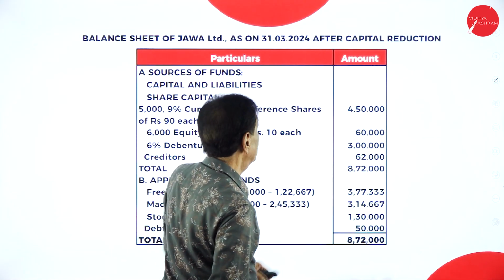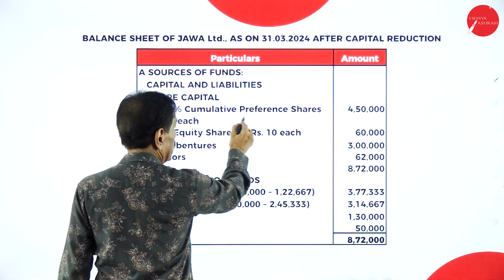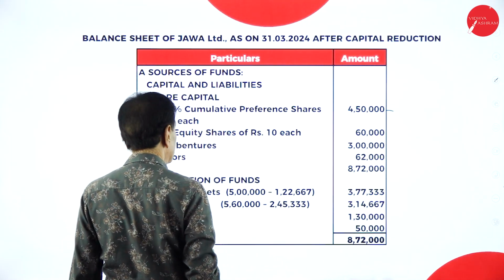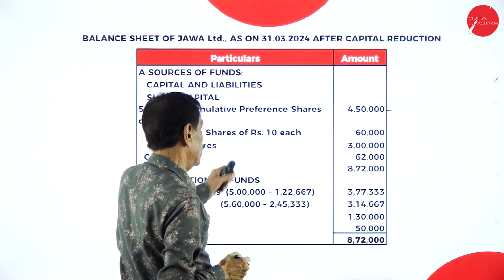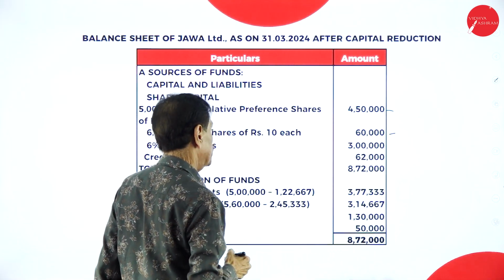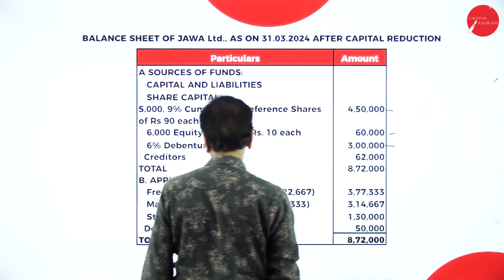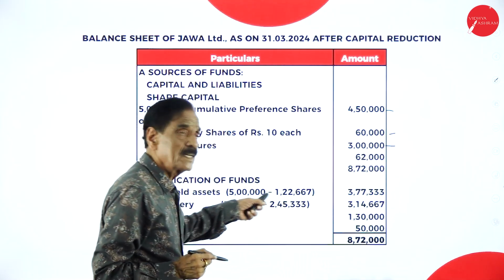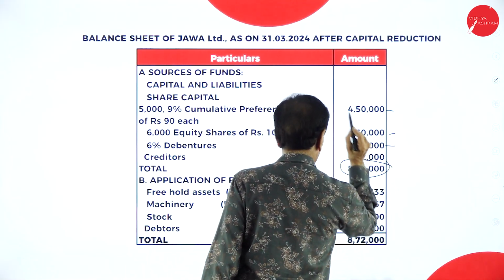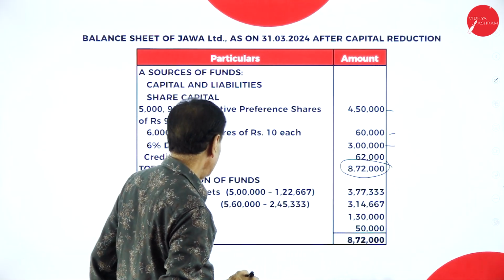Come back to the balance sheet. 5,000 9% cumulative preference shares of 90 each, 4,50,000. 6,000 equity shares of 10 each, 60,000 rupees. 6% debenture 3 lakh, interest on debenture has been waived. Creditor is 62,000. It will tally for 8,72,000. Come back here.